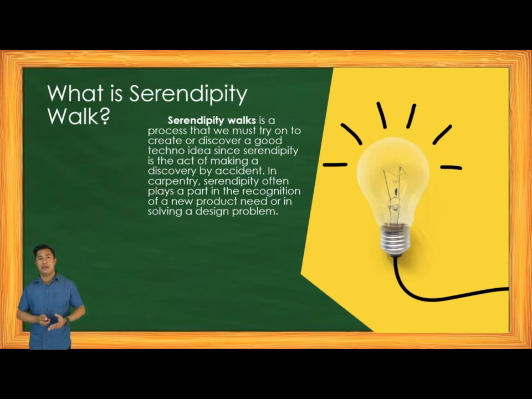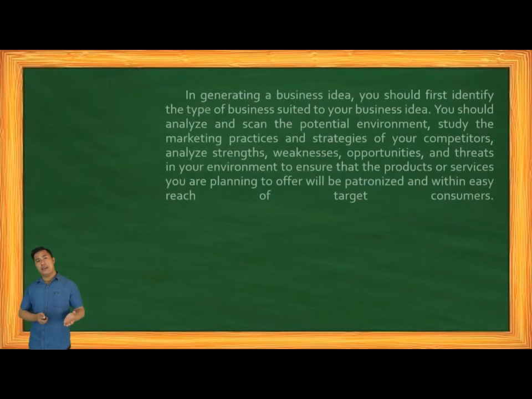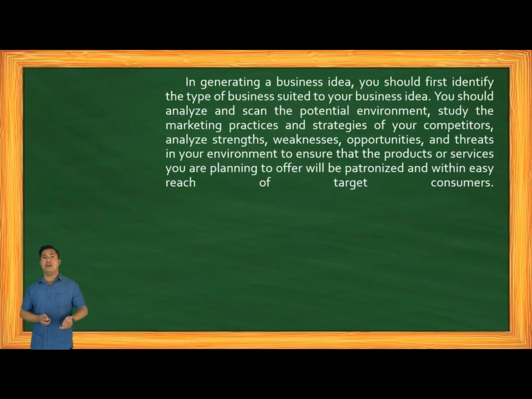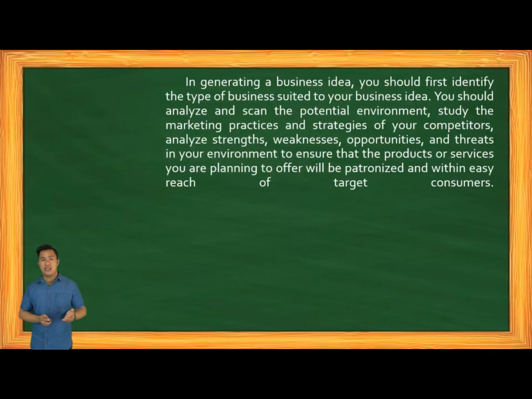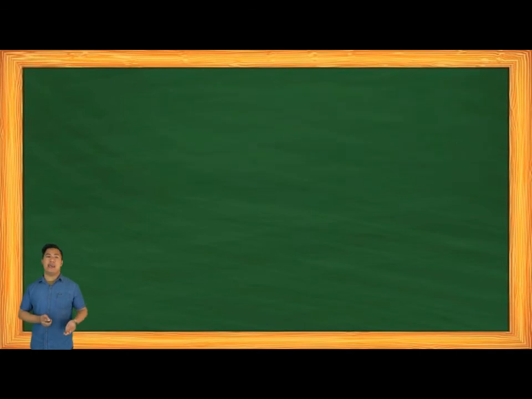In carpentry, serendipity often plays a part in the recognition of a new product or product need, or in solving a design problem. In generating a business idea, you should first identify the type of business suited to you.